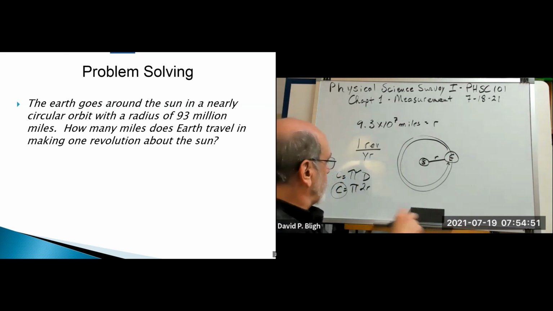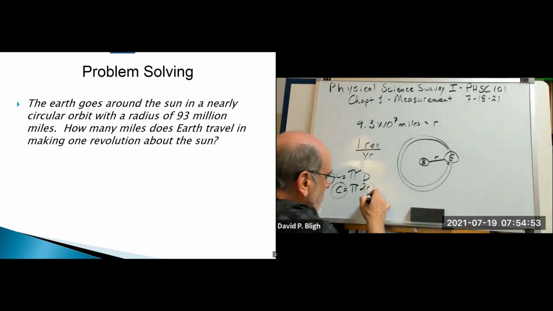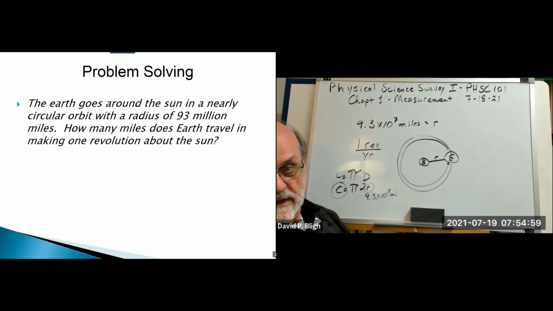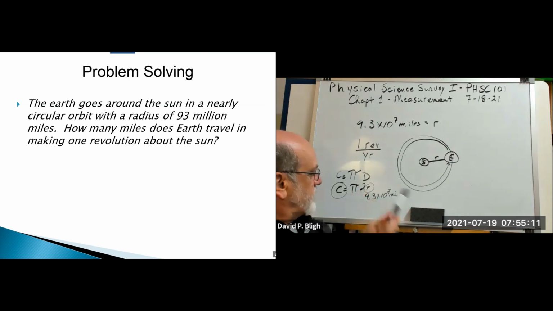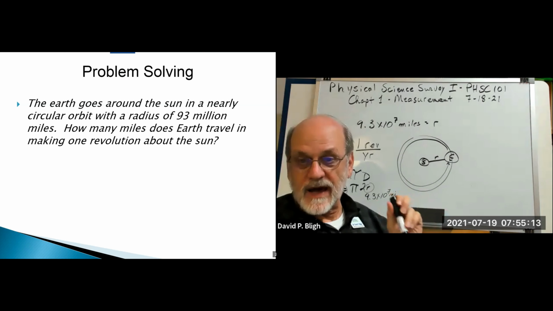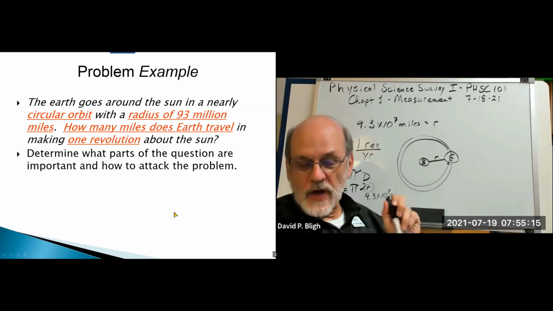So all we have to do is plug in here 9.3 times 10 to the 7th miles. Solve the problem. Now we worked the problem. We didn't try to force it. We just said, what do we know? What's the question? How do you get there? So pi times 2 times 9.3 times 10 to the 7th miles will solve the problem.